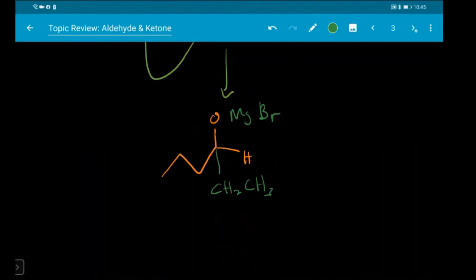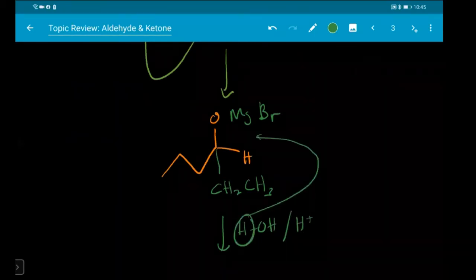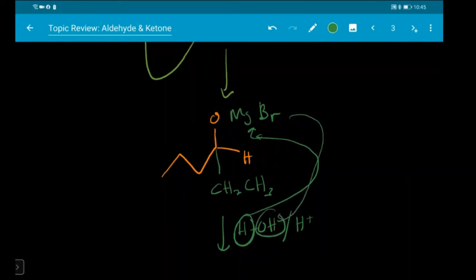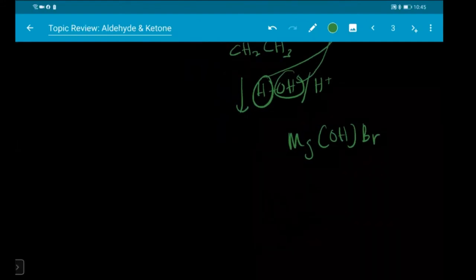And after that, if we add water in acidified medium, the H over here will replace the MgBr. Okay, and then the MgBr will combine with the OH. Jadilah MgOH-Br.